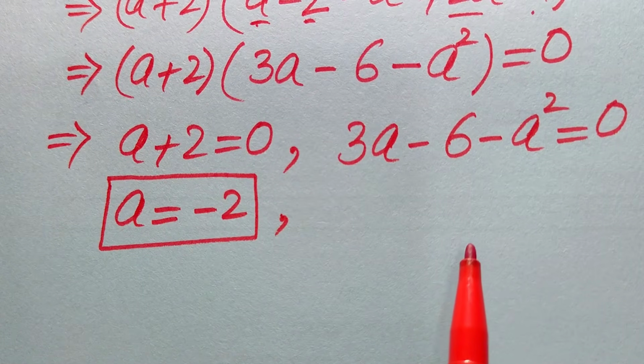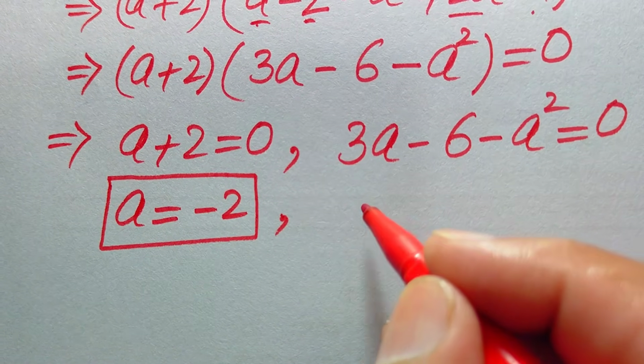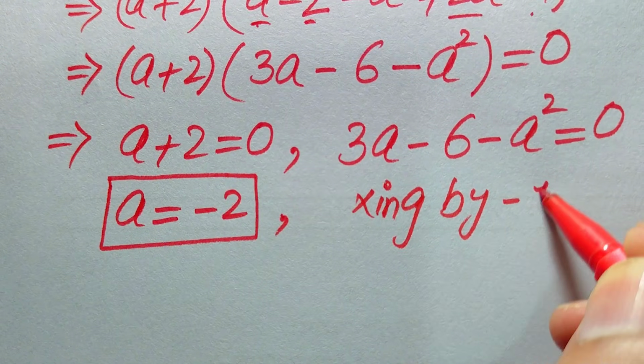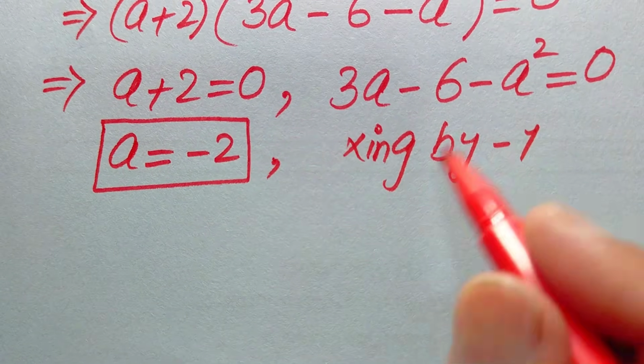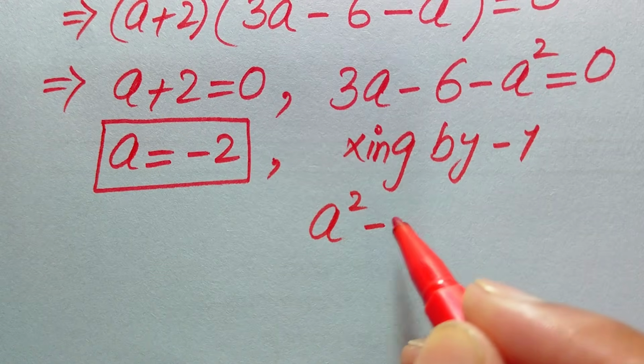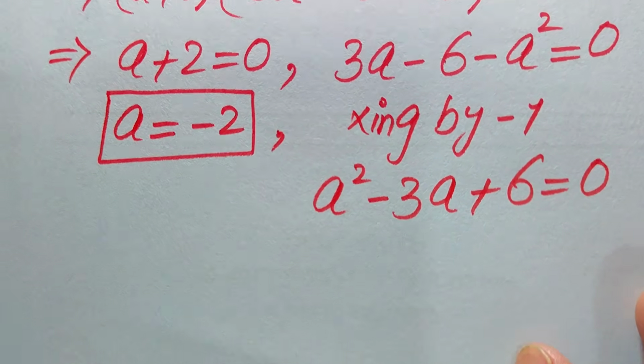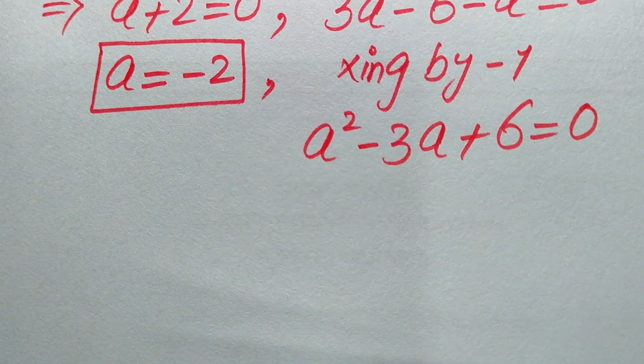But first we write this equation in standard form, and for this we multiply both sides by minus 1. When we multiply by minus 1, we get a squared minus 3a plus 6 equals 0. So here we just apply the quadratic formula to solve this quadratic equation for the values of a.